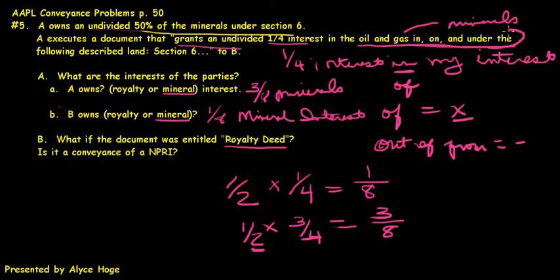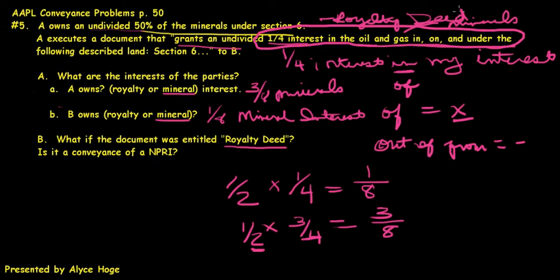So even if they put royalty deed at the top of this deed, that wouldn't change what it was. It would create a cloud on title because it says royalty and the language is in, on, and under. But that is a rebuttable presumption, and we can easily handle that cloud on title.